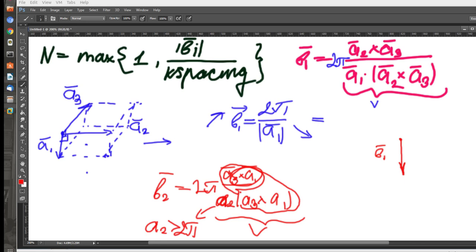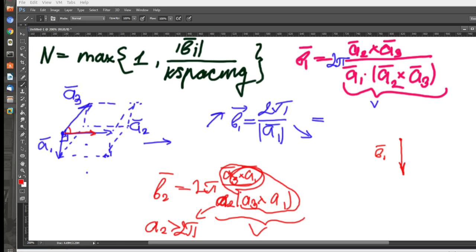That means that the vector in reciprocal space will be shorter, but I didn't draw it here correctly, because here obviously that angle is not 90 degrees.